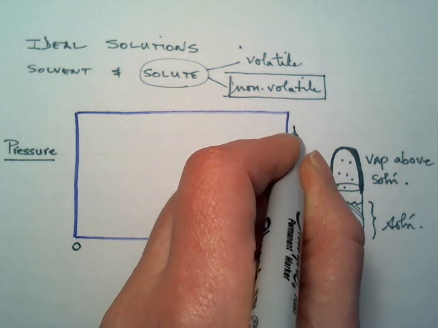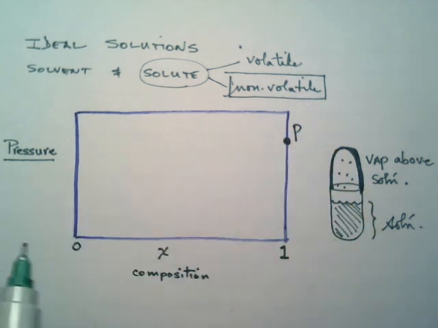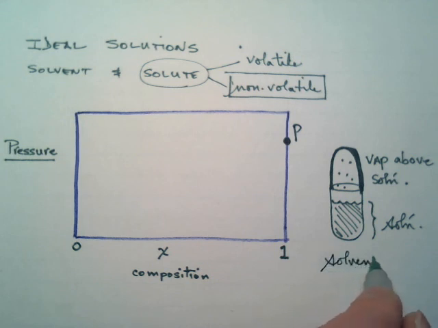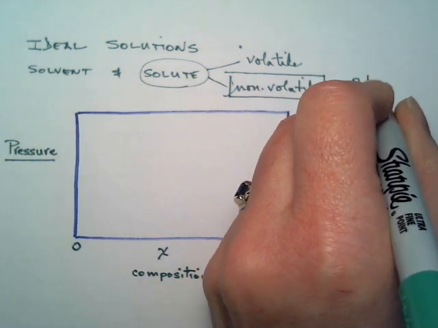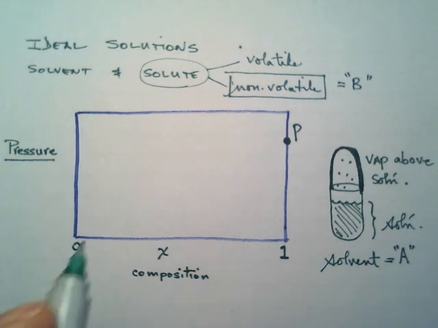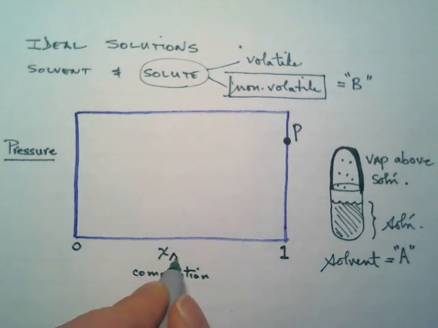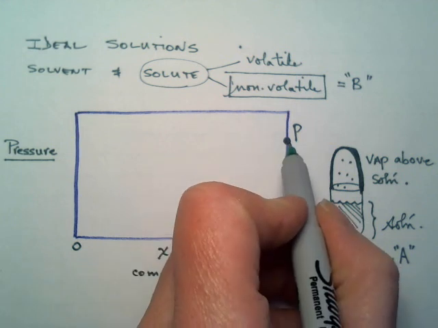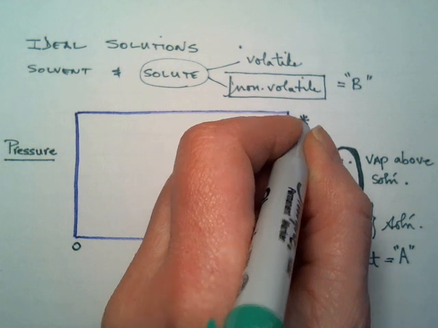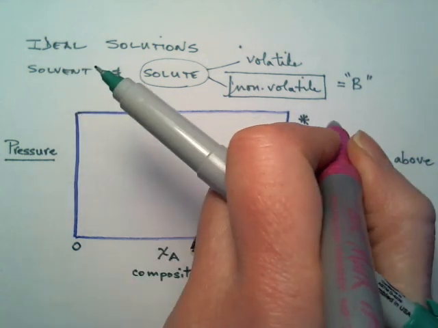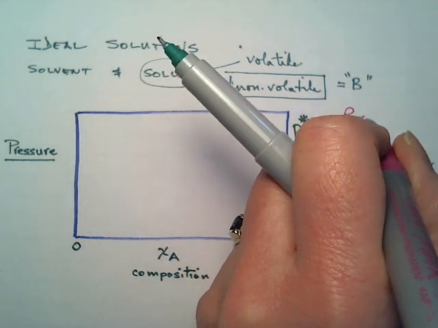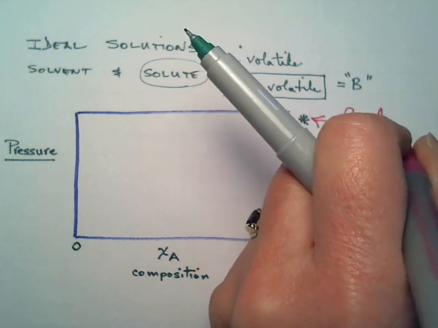So I'm going to label this as the vapor pressure, and let me call my solvent A. So in my binary system I have A and B, and my non-volatile solute is represented by B. So when the mole fraction of A is 1, I have my highest pressure, and that is P star, and the star indicates a pure liquid.